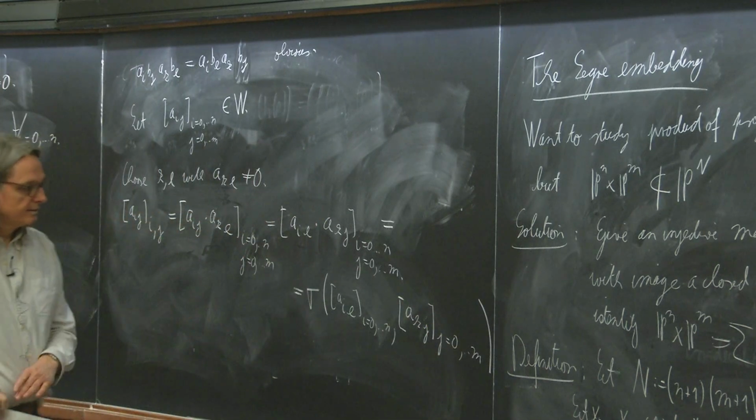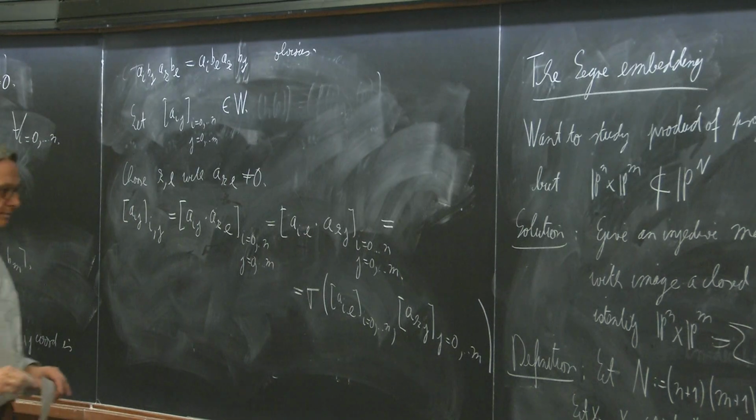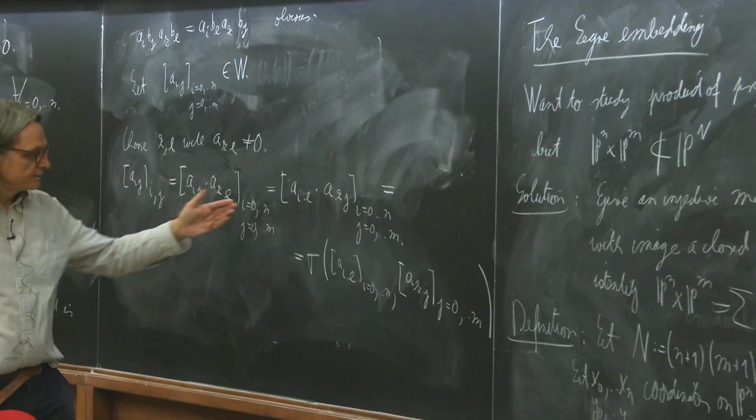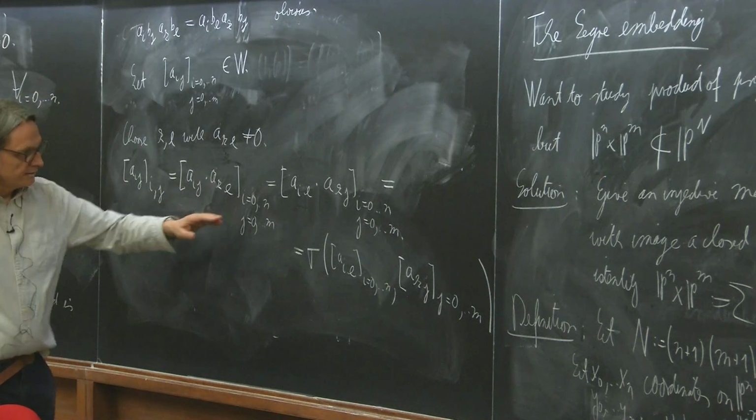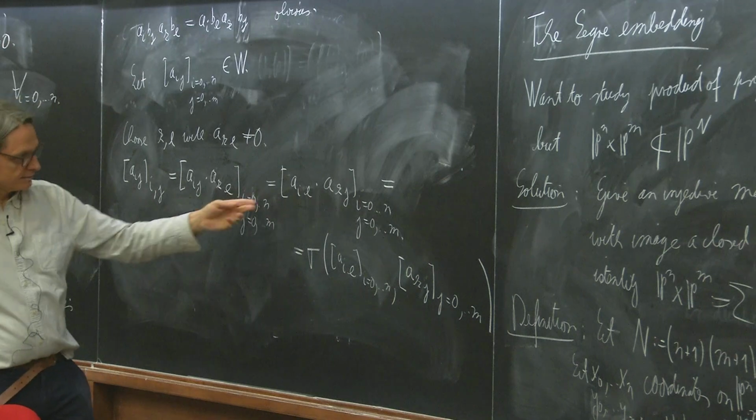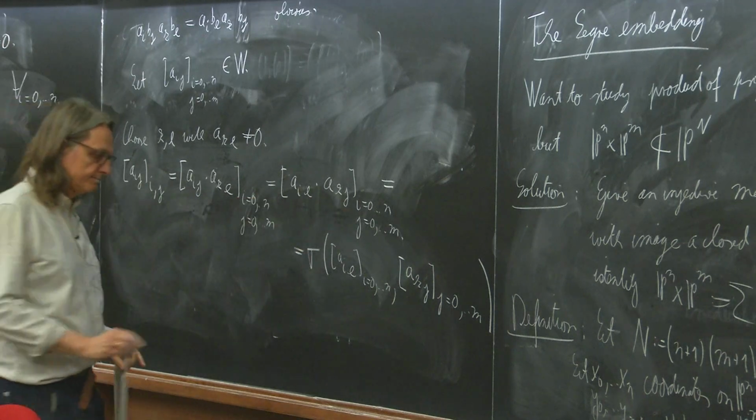So therefore it lies in the image of this map sigma. So this relation allows us to make this thing into a product by multiplying just by a constant, but then splitting it up like this.